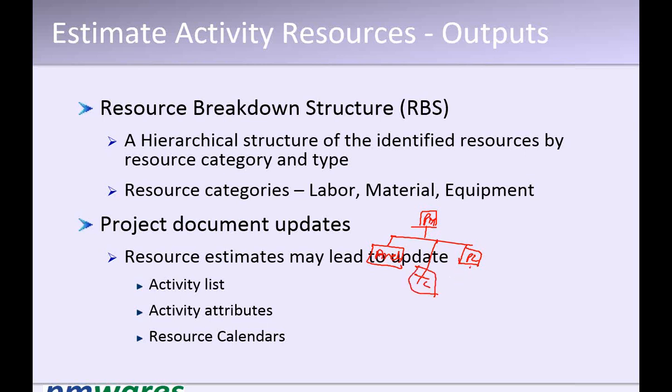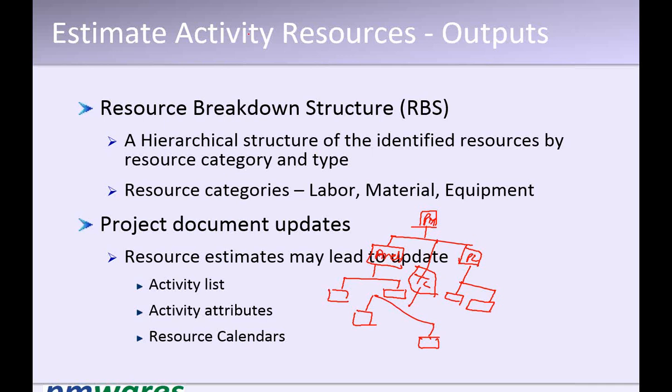Then the PL has some resources under him, the TL has some technical resources under him, the architect has some designers, draftsmen under him. So that is what the resource breakdown structure is all about.